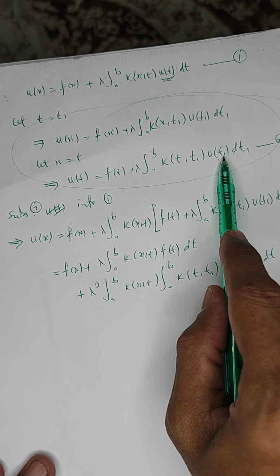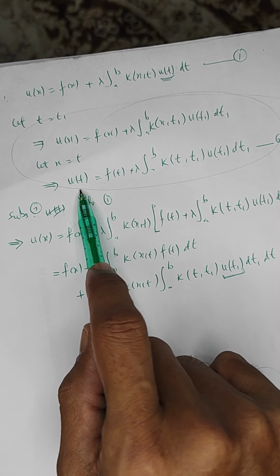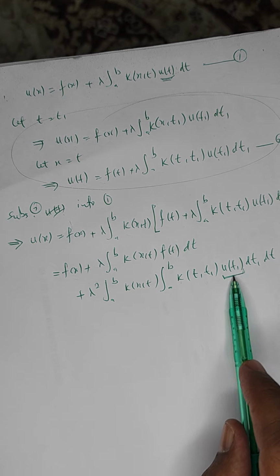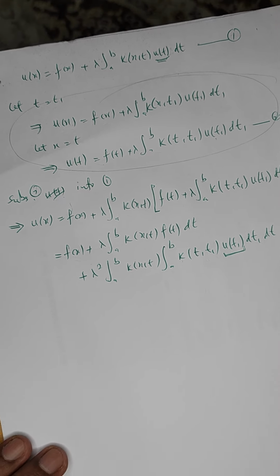Then what we have is u(t) f(t) lambda a b k(t,t2) u(t2) dt2. Alright, and then instead of u(t), I can write u(t1) because we want t1. Let me write those things.